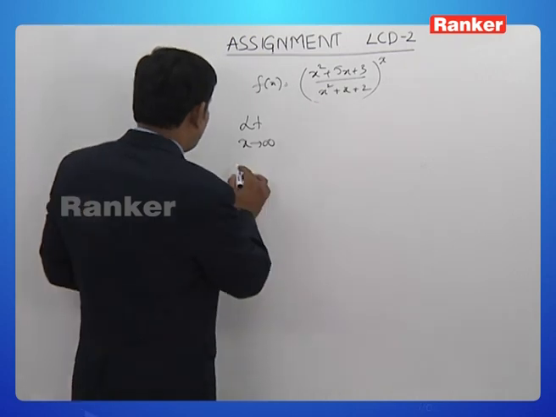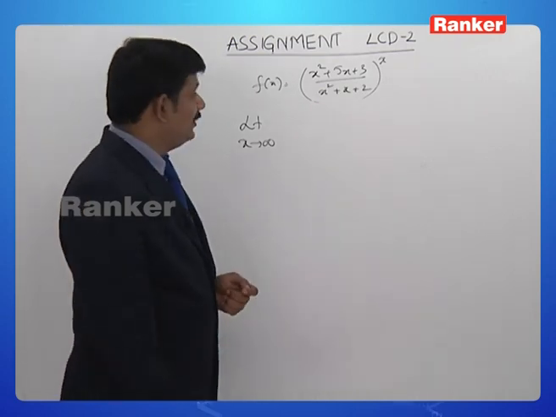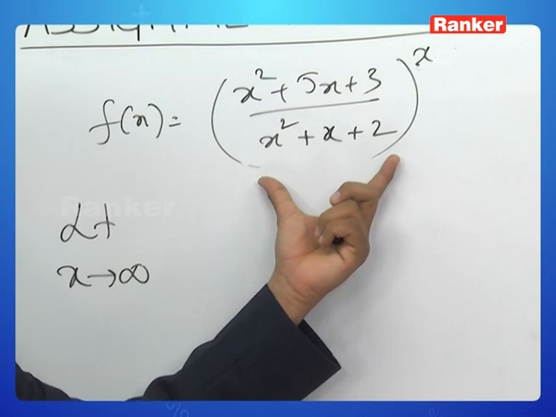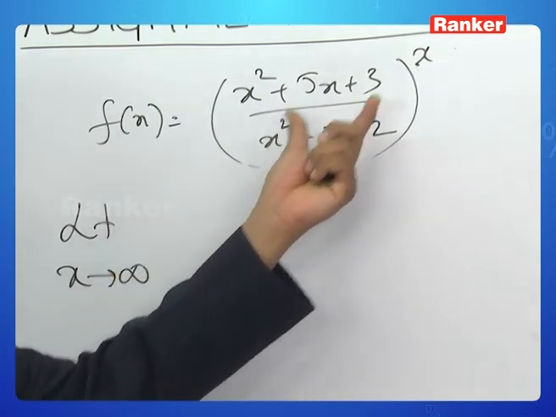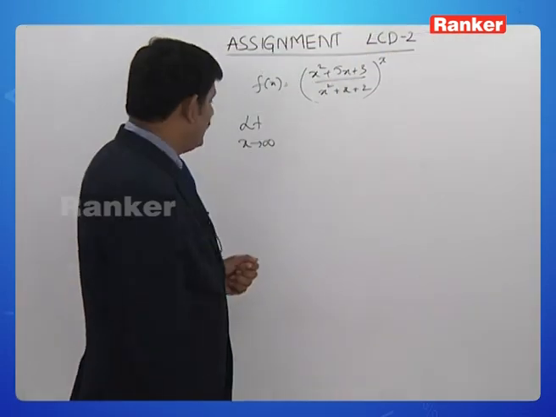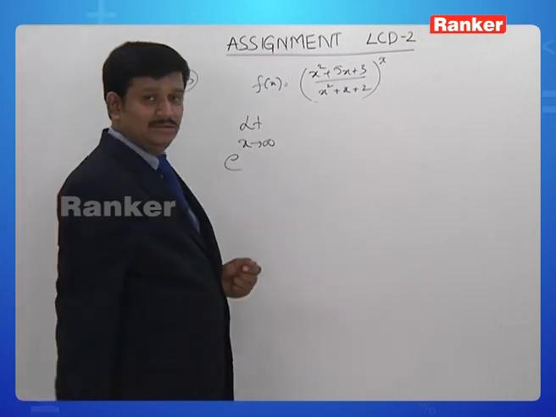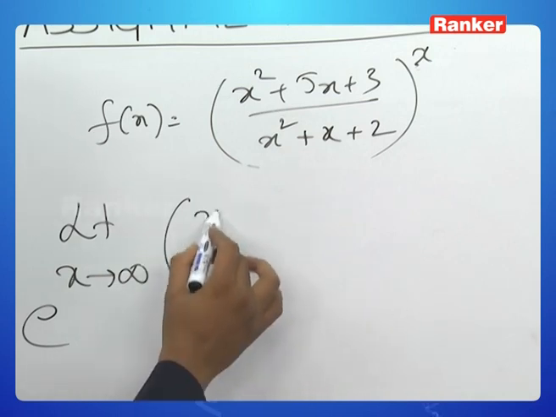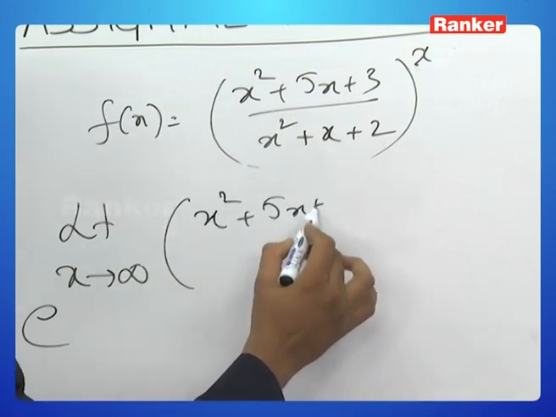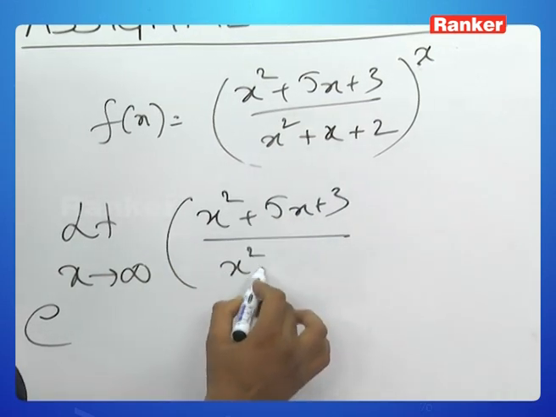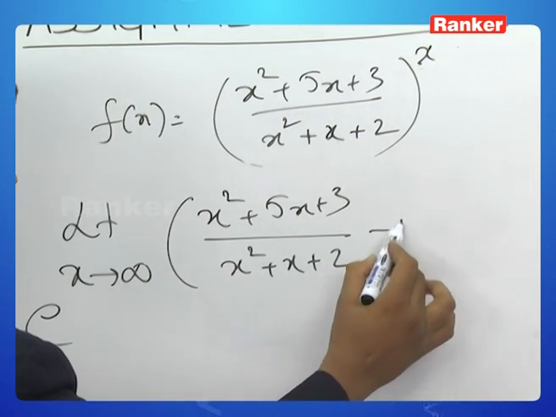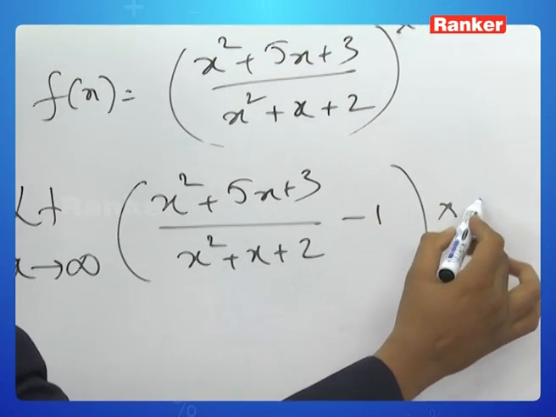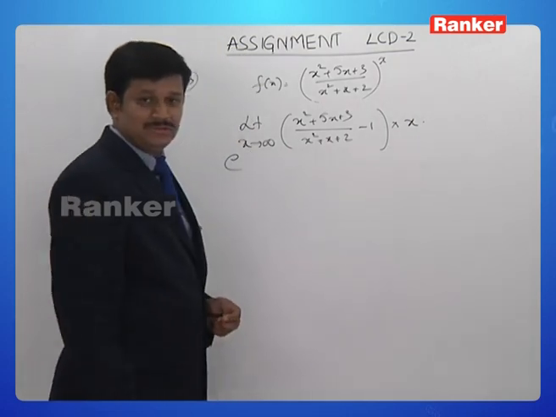So it is 1 power infinity form. And whenever we get a 1 power infinity form, limit x tending to a f of x power g of x, we can write it as e power limit x tending to a of f of x minus 1, that is x square plus 5x plus 3 divided by x square plus x plus 2 minus 1, into g of x, which is x.